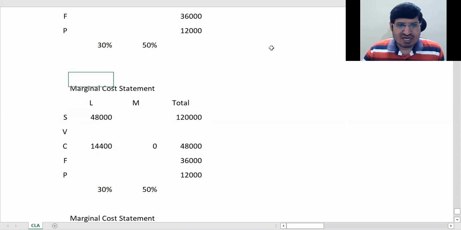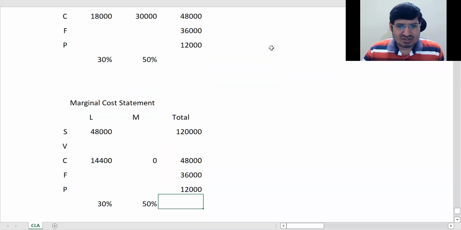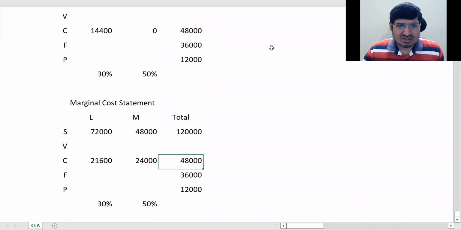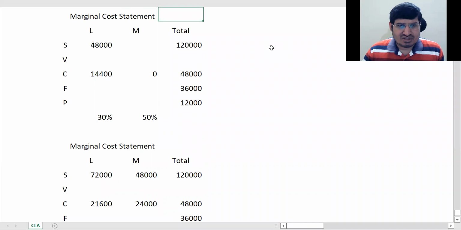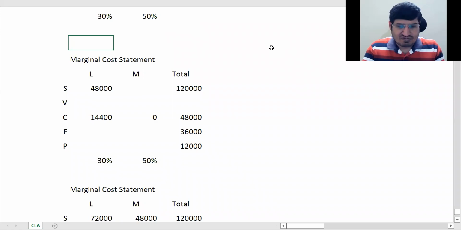Total contribution value. Right, this is option 1.